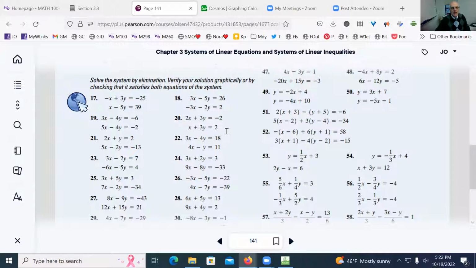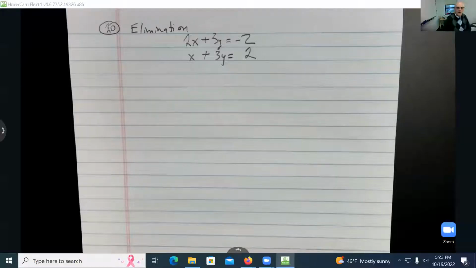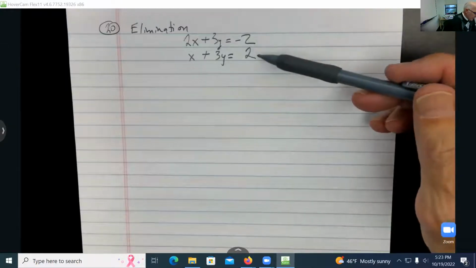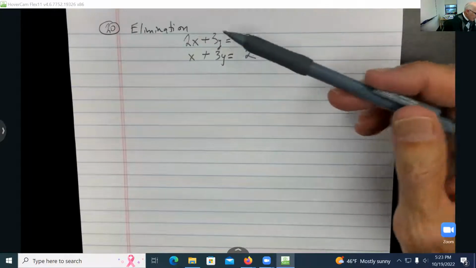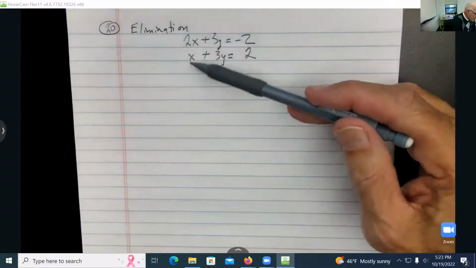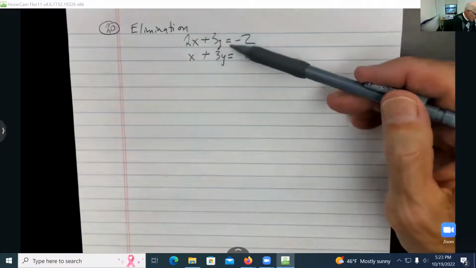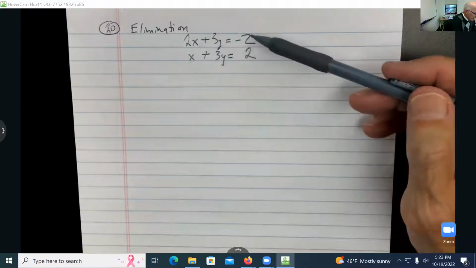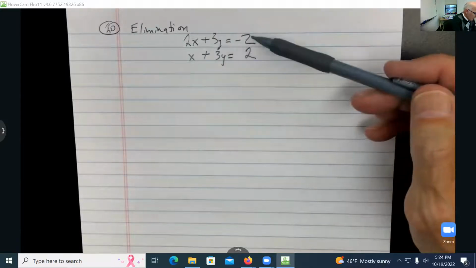Let's write number 20 down in our notes. For the elimination method, we are going to be eliminating a variable, either x or y. You do want to have the terms lined up, the x terms, the y terms, the equals, and the constants. They don't have to be in this order, but they have to be in the same order.